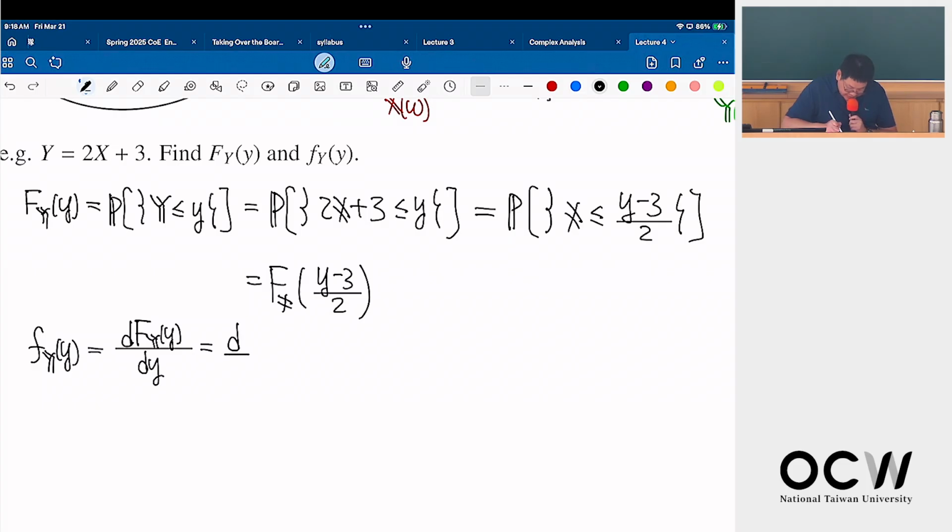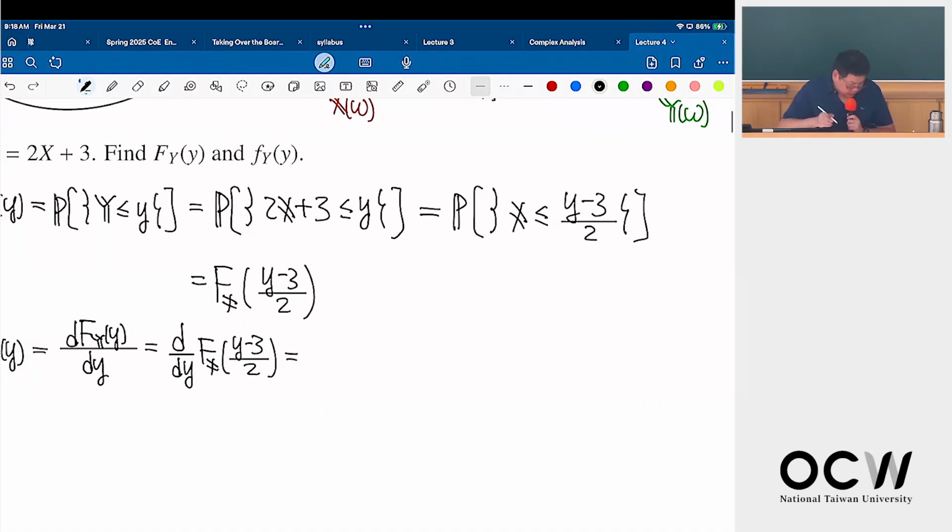This is the CDF of x at (y minus 3) over 2. And we can use the chain rule. For the chain rule, f of x at (y minus 3) over 2, and here with the derivative of (y minus 3) over 2.